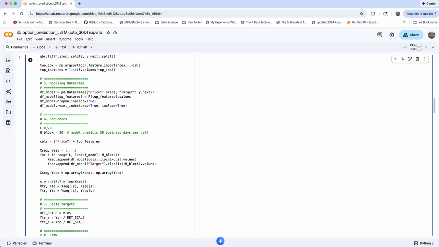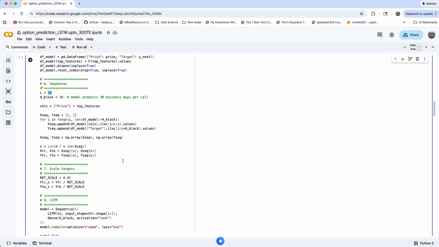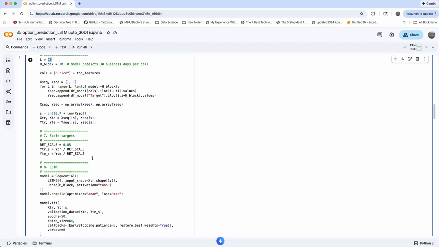And then we look into the 20 days period where we make a block of look back of 20 days, and we look into a 30 days forecast in this case. And the idea is that we create blocks, which is the requirement for the LSTM. And in here, we try to avoid any outliers.